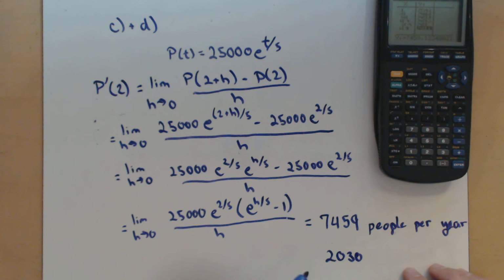As opposed to part B, where we had to say on average over 20 years how the population was increasing, we can now say specifically at the year 2030, we expect the population to go up by about 7,459 people. So we could actually make a prediction on what the population is going to go up by between 2030 and 2031. Just another way of thinking about what the instantaneous rate of change gives us.